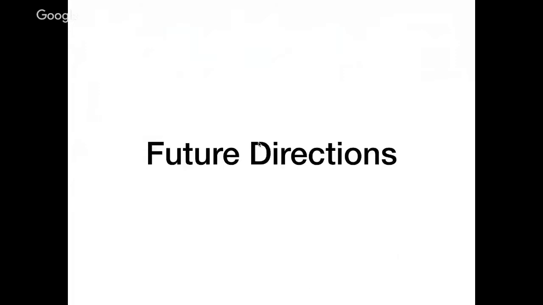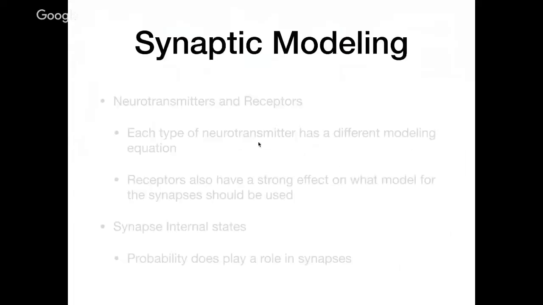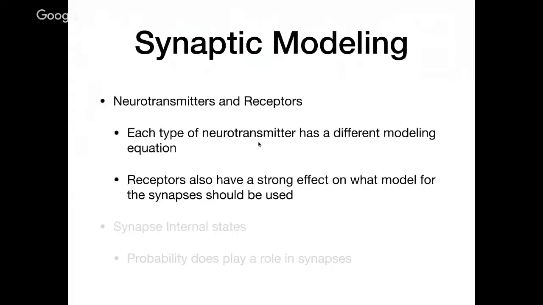In terms of future directions, one of them is the differential equation model. A lot of this plays into synaptic modeling. One important aspect is neurotransmitters and receptors, because each has a specific model associated with it.